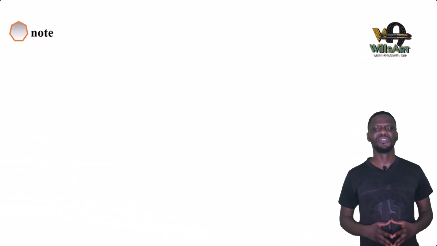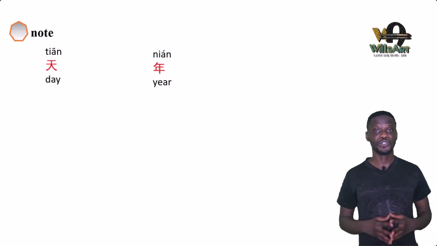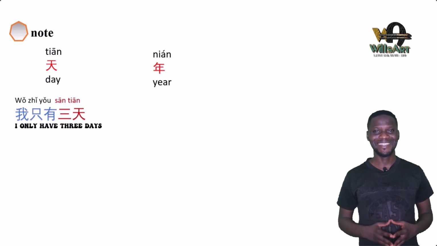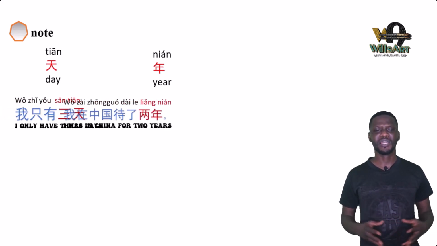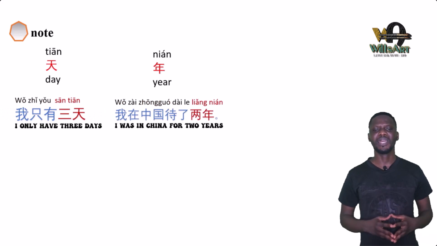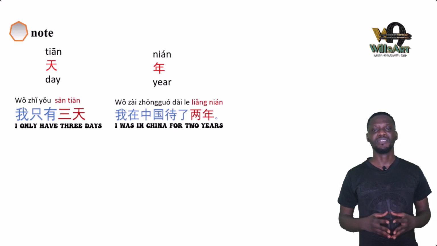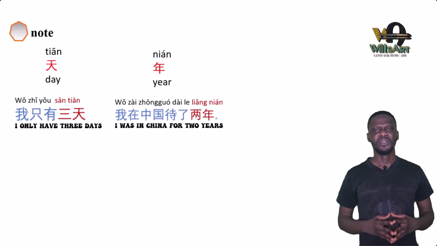Another thing to note is that sometimes nouns like 天 and 年 do not require measure word. For example, you can have something like 我只有3天, which means I only have 3 days. Or you can say something like 我在中国待了2年, which means I was in China for 2 years.